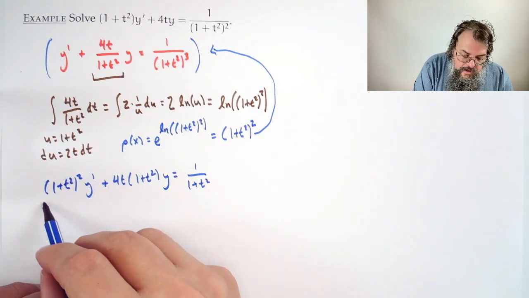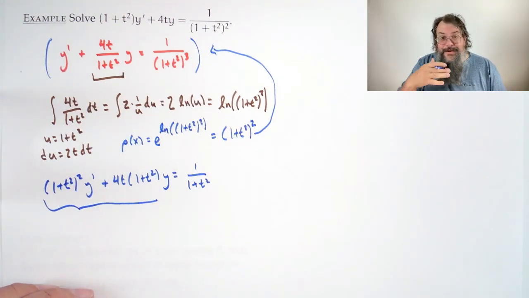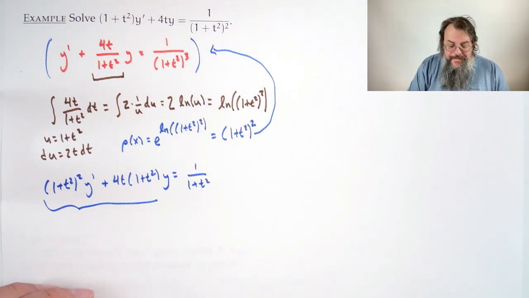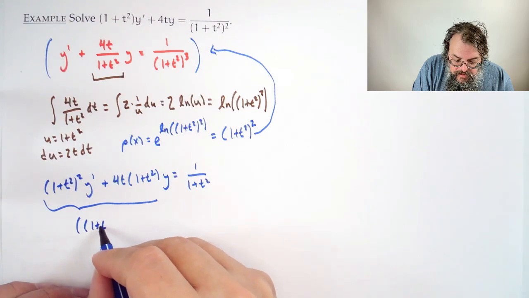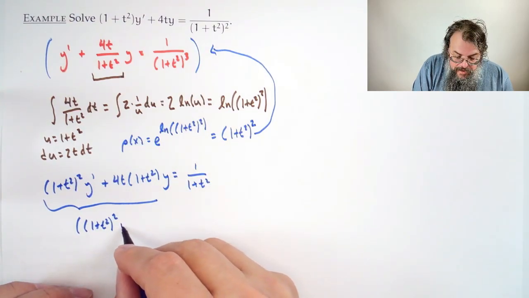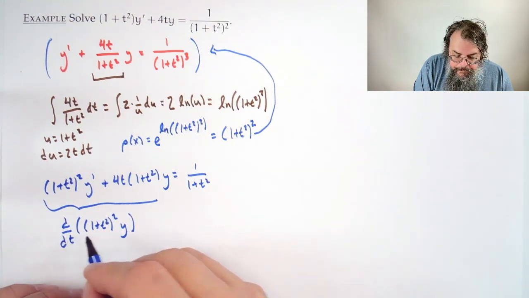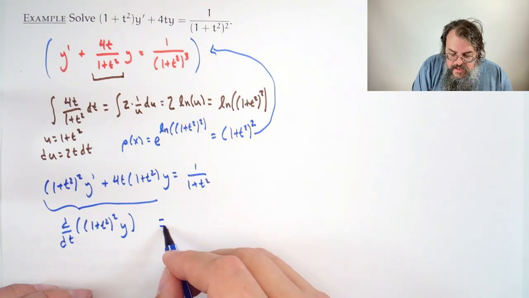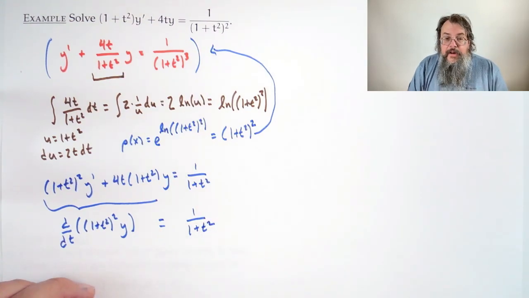And the left-hand side, by design, of course, I keep saying that, but it's good to see it, is 1 plus t squared squared, which is our rho, times y, and take the derivative of that. And on the other side, that'll be 1 over 1 plus t squared.